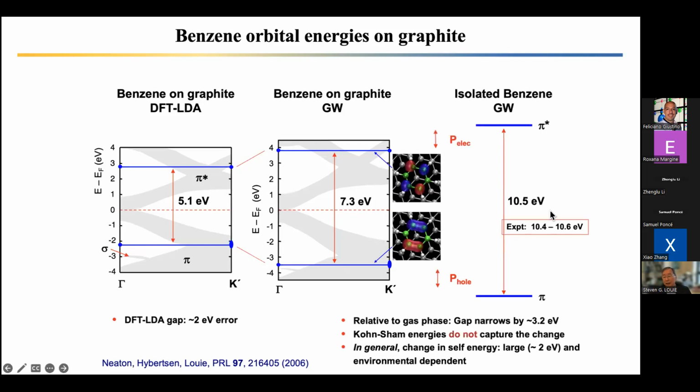And it's greatly reduced from that of the isolated molecule, which has a calculated gap of 10.5 electron volt compared to the experimental value of 10.4 to 10.6. So you see that the environment makes a big change in the HOMO-LUMO gap.